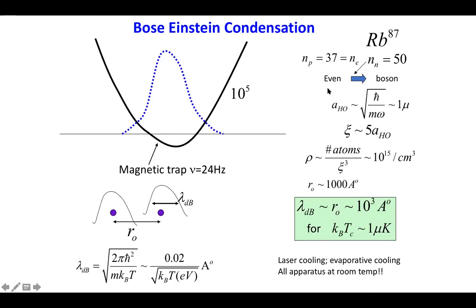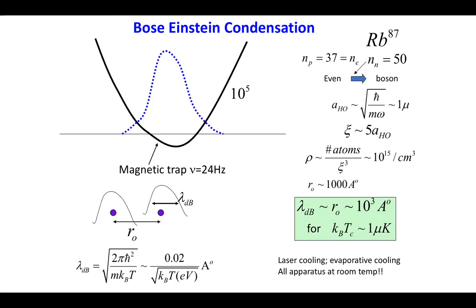Okay, and then you can estimate the Bohr radius. It's about 1 micron. You can put in the mass. And then if you have, say, 10 to the 5 atoms in the trap, then you can figure out what is the interatomic distance. And that's about 100 nanometers, 1,000 angstroms. So now you can look at what temperature you need to cool to get a BEC, right?